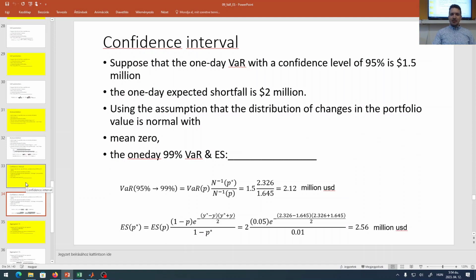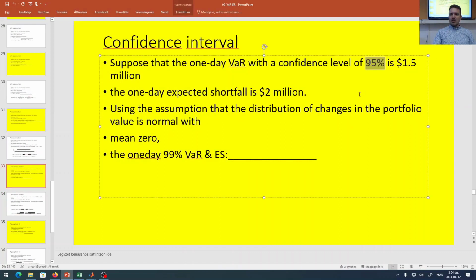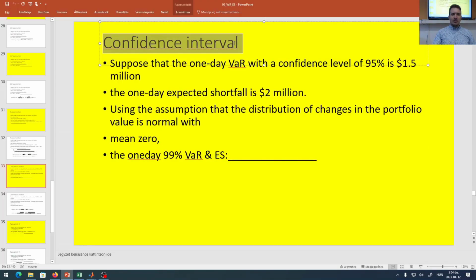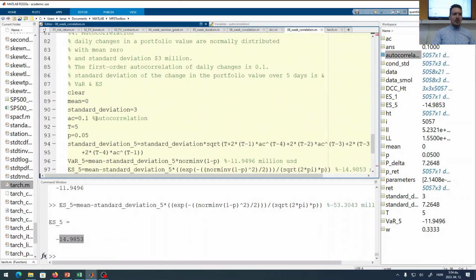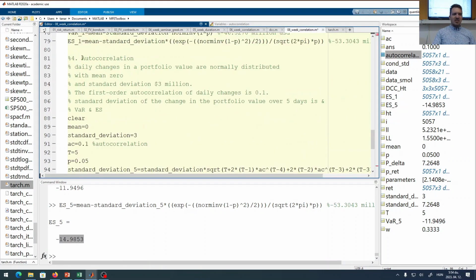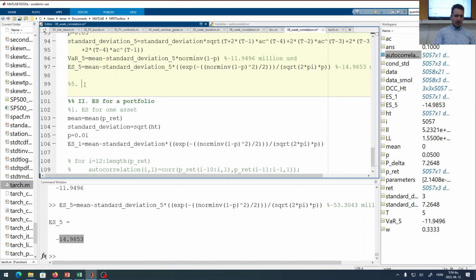Okay, then let's convert from 95% confidence interval to 99% confidence interval. Practically this is not autocorrelation, this is time conversion. And this will be confidence interval conversion.